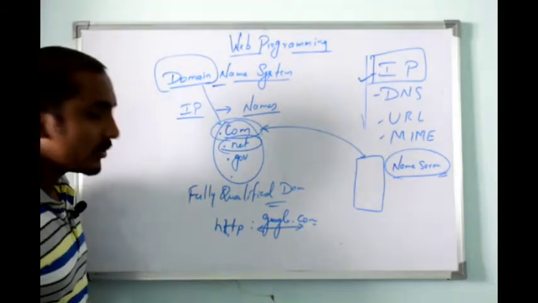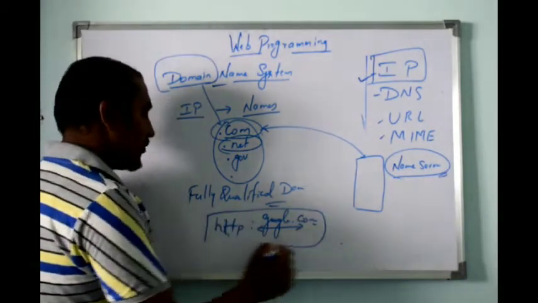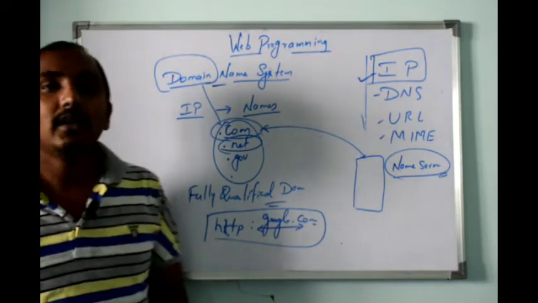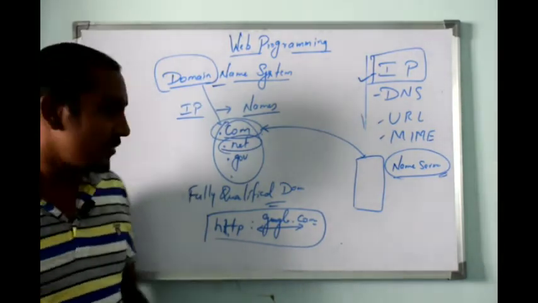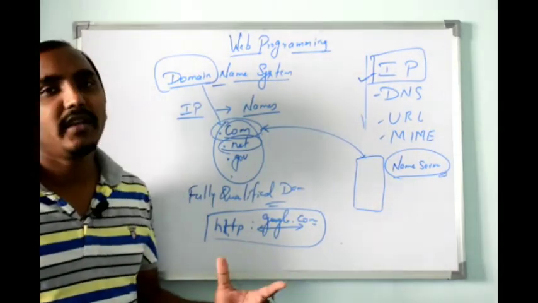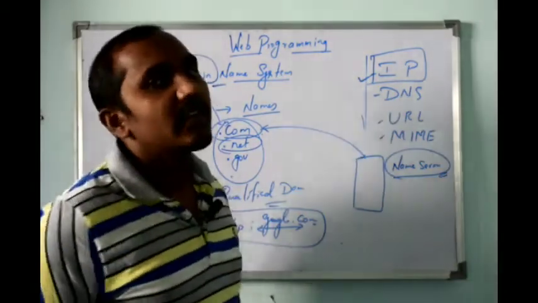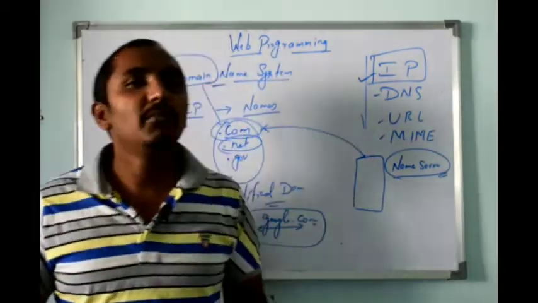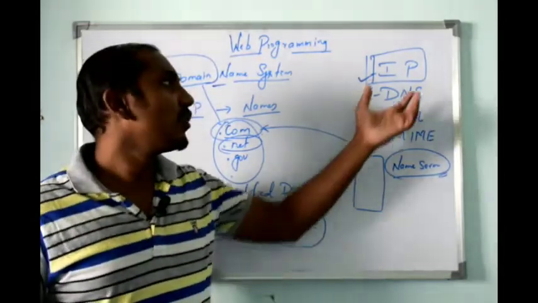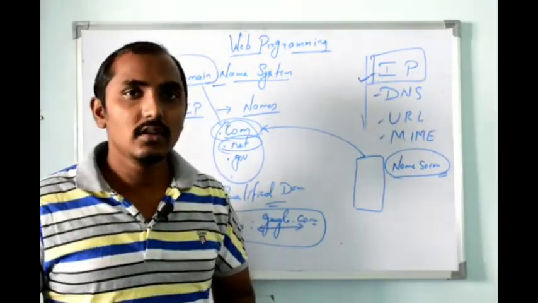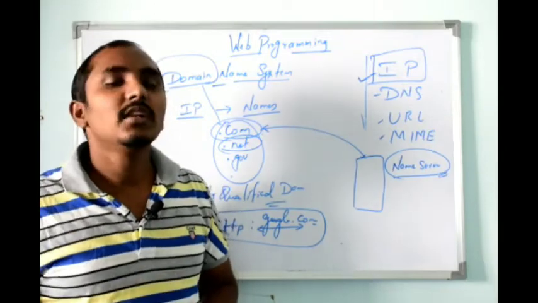Okay, so this type of representation, where you're not going to skip any part of the domain, is considered a fully qualified domain name. So in general, you can understand a network will have many computers, where each and every computer will have its own IP address. Now, remembering that IP address will be very difficult.